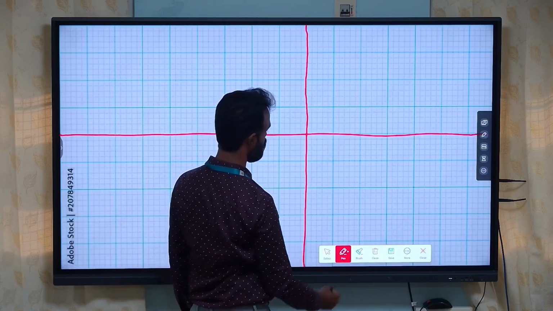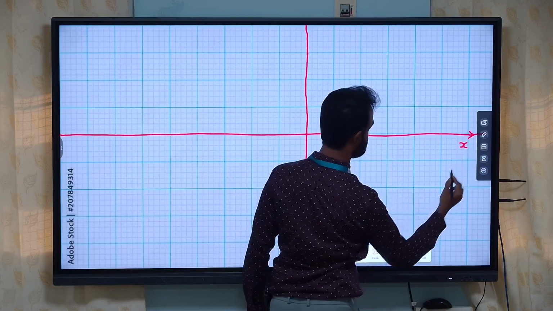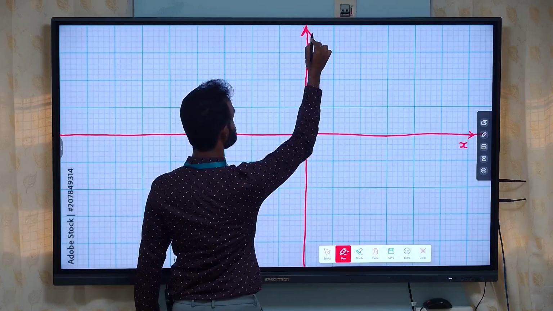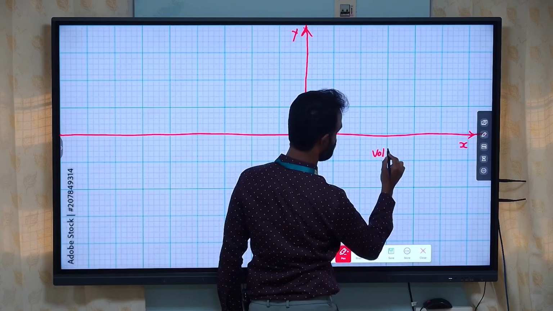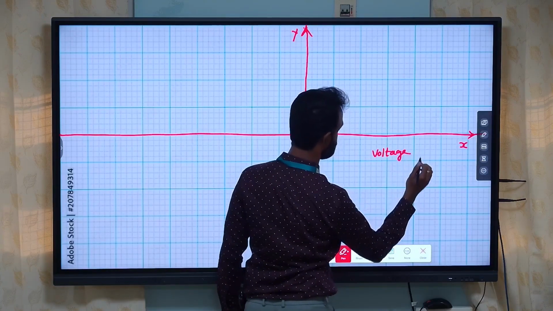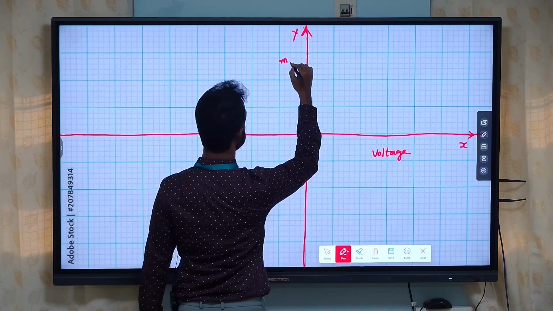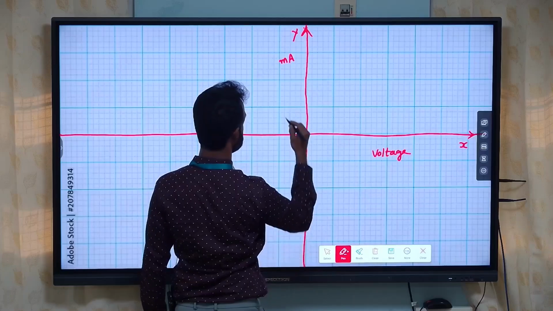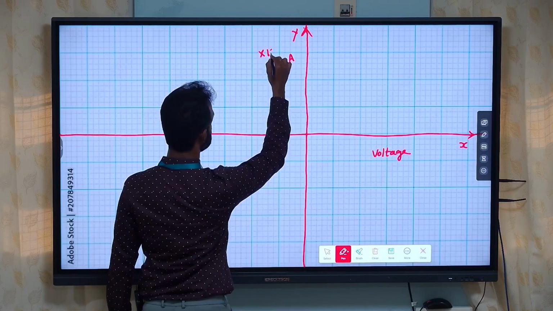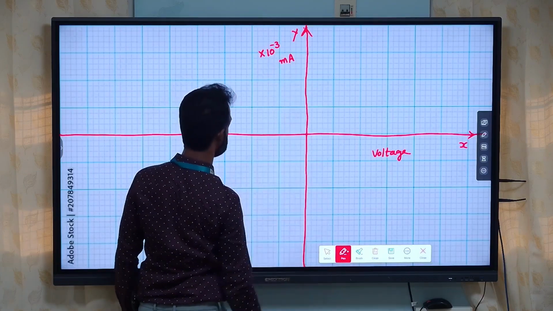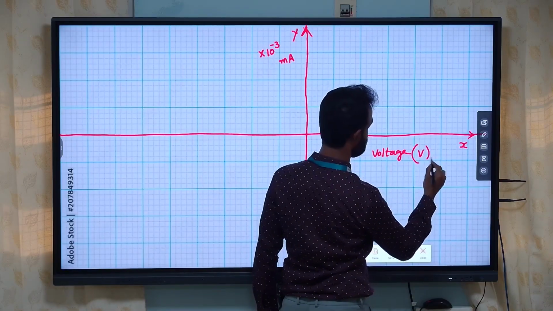Here it is divided into 4, and this is x axis, and this is y axis. Here we will have voltage, and here we will have the current value, that is milliampere. So milli, which means into 10 to the power minus 3, and voltage, that is V.